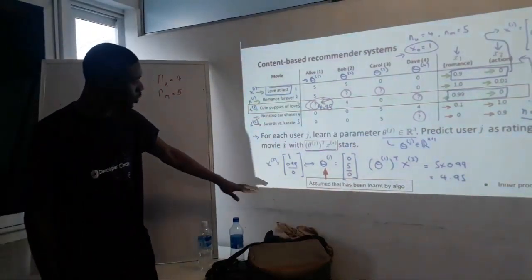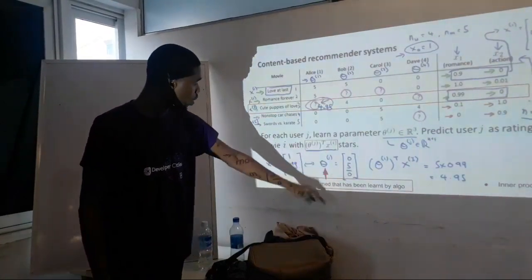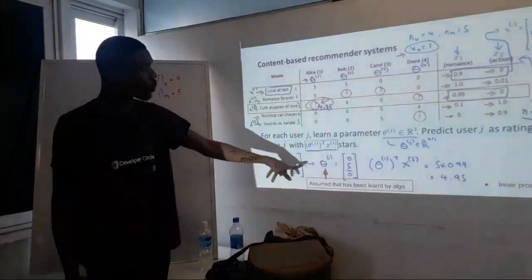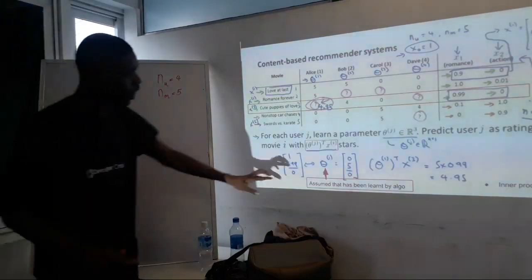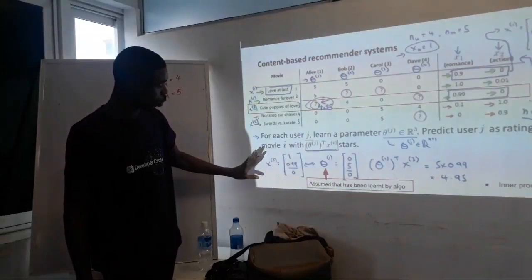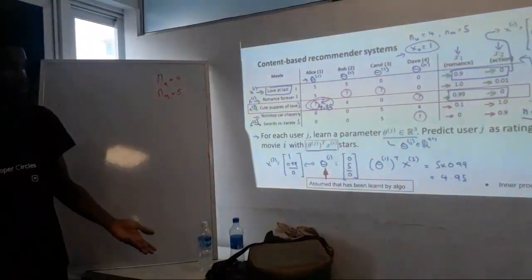We have theta 1, and then we have x3. When we multiply them together, you get the inner product. We are going to get a value. So the logic here is that we assume we have this value. This is what we are going to learn with our learning algorithm. When we do both of them together, we can use that to predict.